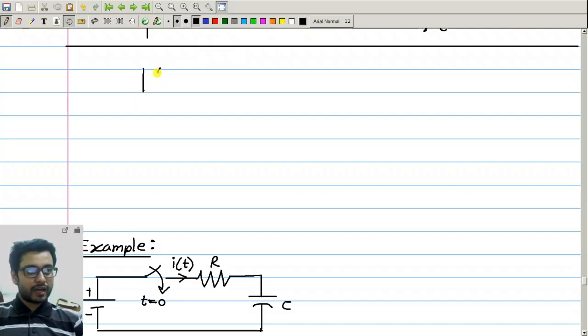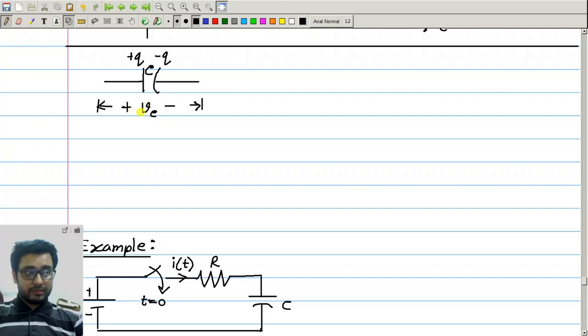Suppose I have a capacitor with two plates which has plus Q and minus Q charge. Let the capacitance of this capacitor be C. Then the voltage across this capacitor from here to here, if I call it Vc, with this side as plus and this side as minus, that is my chosen reference polarity.